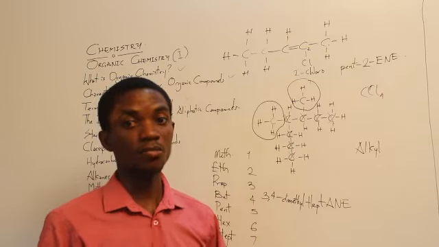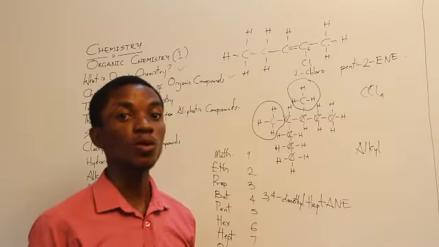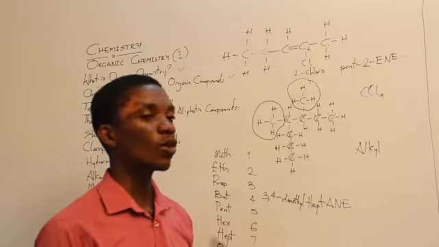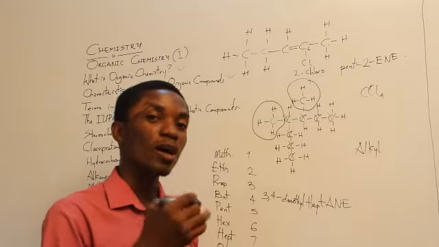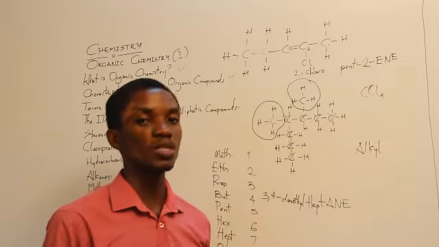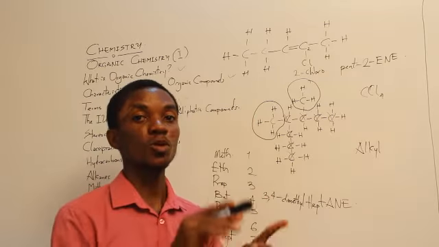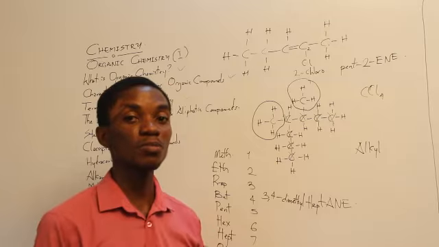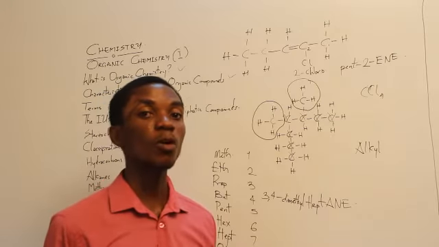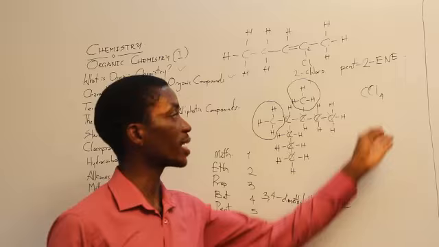That is in the general word. But when we want to specifically label it, we call it tetrachloromethane, because all the hydrogens of the methane are gone and have been completely replaced by chlorine.